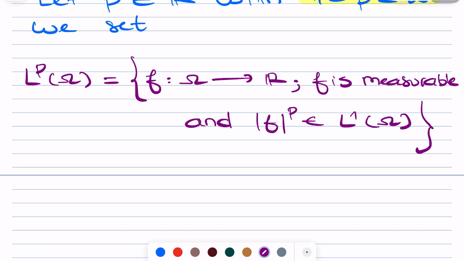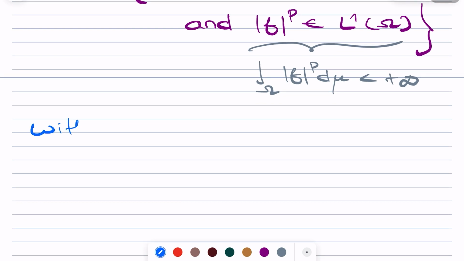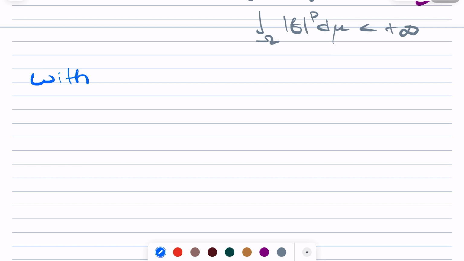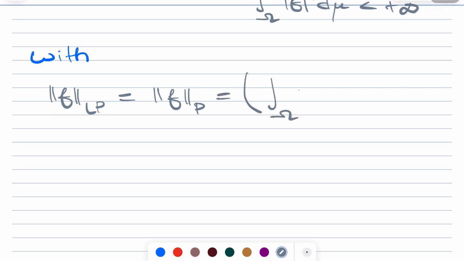This condition can be written as the integral over Omega of the absolute value of f to the power p d mu is finite. Then the norm associated to LP, the norm of f in LP, which we often write as norm of f sub p, is defined to be the integral over Omega of the absolute value of f of x to the power p d mu of x, to the power 1 over p.